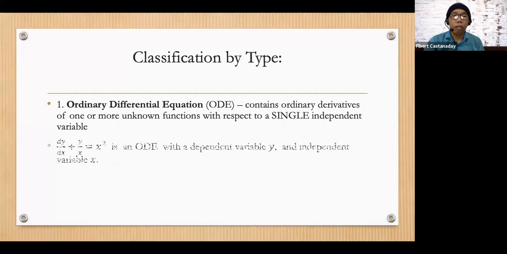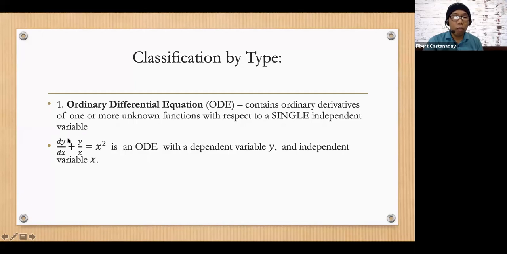So to give you further examples of an ODE, this first example here, dy over dx plus y over x equals x squared. This is an ordinary differential equation since it contains an ordinary derivative. So the ordinary derivative here is dy over dx. So take note, dy over dx. Naka-fraction siya, di ba? Yung dy nasa numerator, the dx is in the denominator.